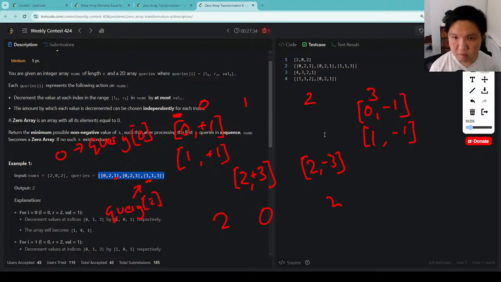Okay. Let me see, at the end of this, why is best equal to 0? So 0, okay, that's correct. This is 0.